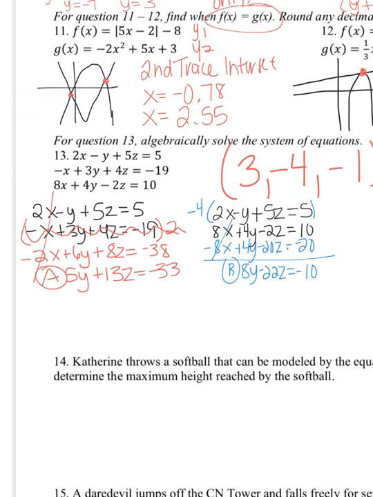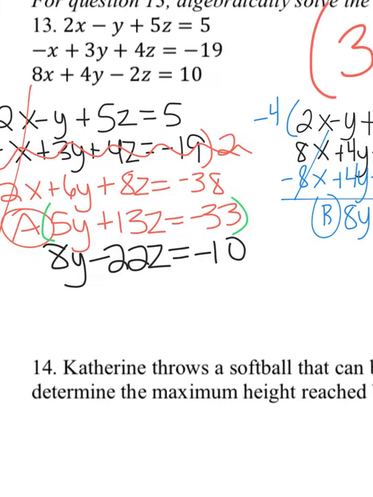So now I'm going to do elimination on A and B. 5y plus 13z is equal to negative 33. And then 8y minus 22z is equal to negative 10. To get these to be additive inverses, I'm going to multiply both equations by something.